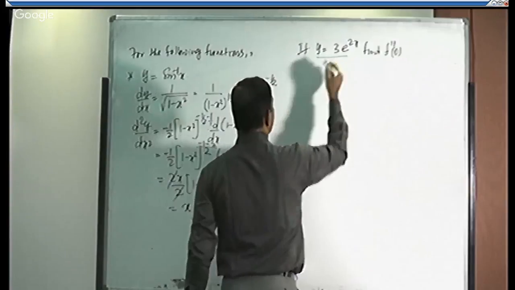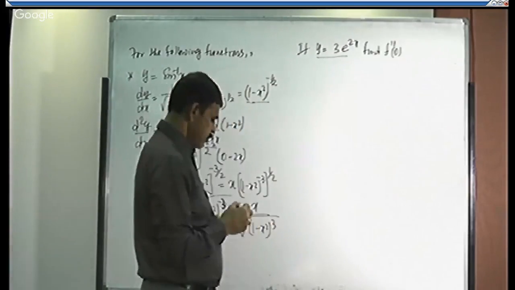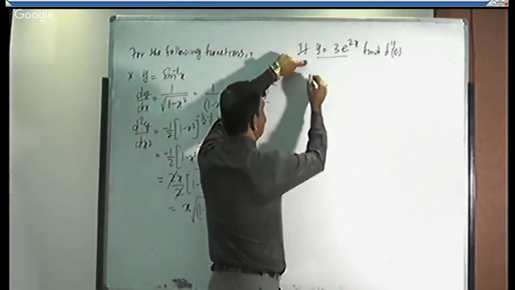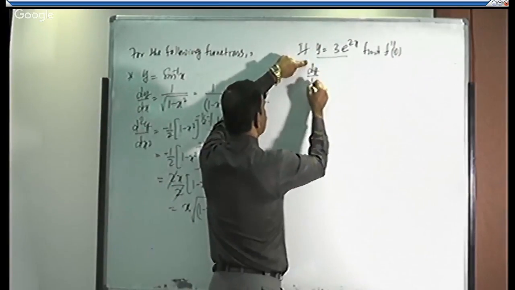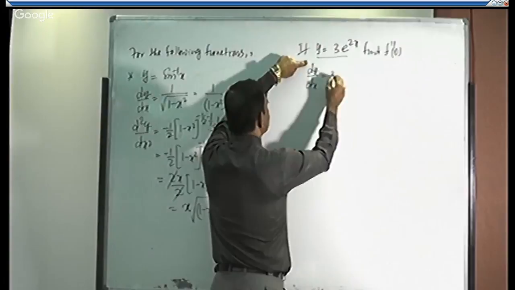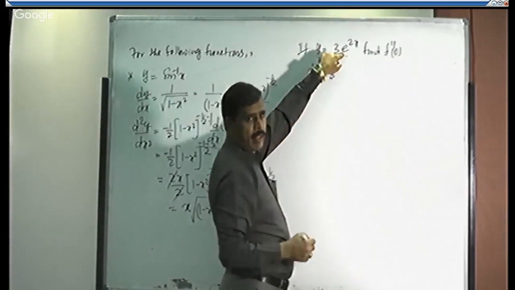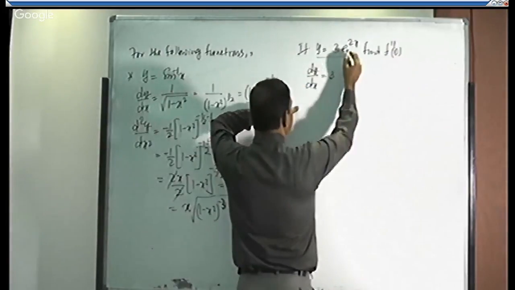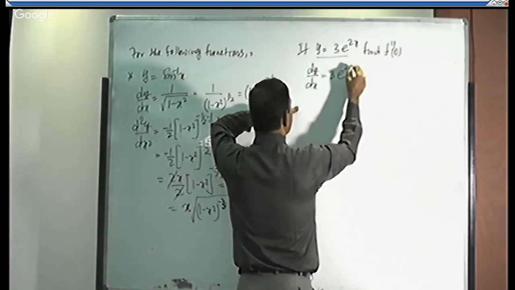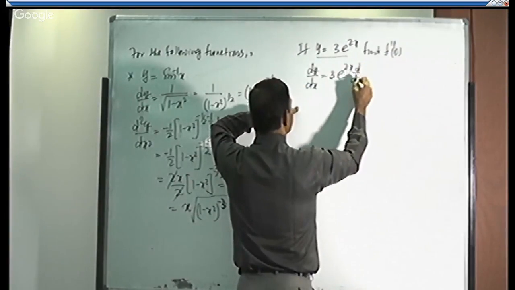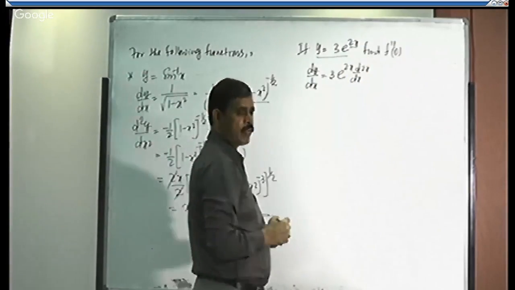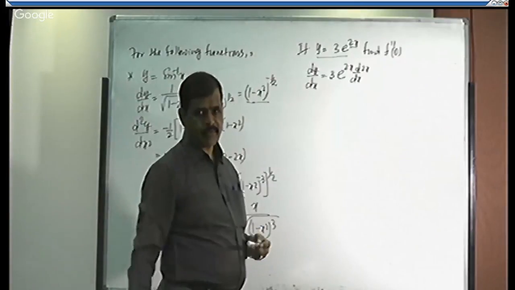What is the given function? Y is equal to 3 into e to the power of 2x. Differentiate. Dy by dx is equal to 3 constant into function. Keep the constant as it is. Differentiate function. Differentiation of e to the power of function is e power function into dy by dx of function.